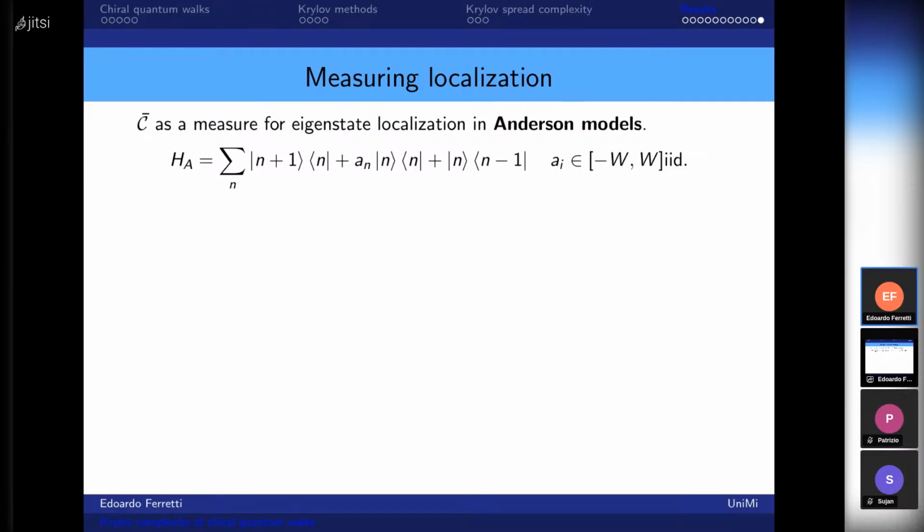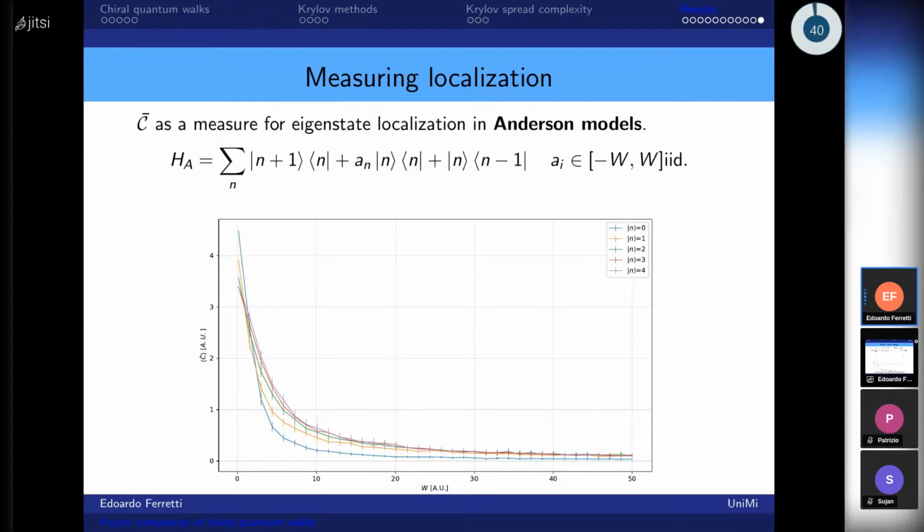And this is actually the case. On the x-axis, here is the disorder W. We have complexity averaged over realizations of Hamiltonians, and we see that starting from a node of the chain, increasing the disorder makes the complexity fall.